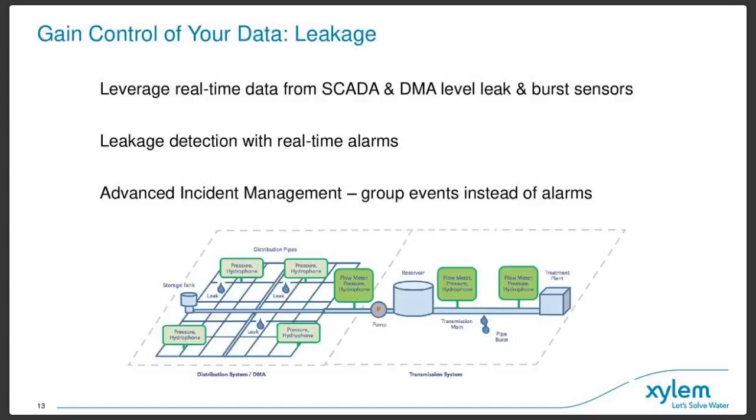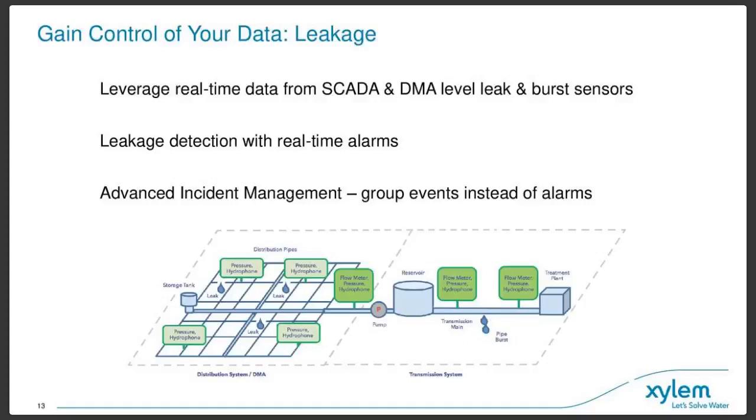And also leveraging other data sources such as smart meters that can be used not just to understand the customer's consumption, but to flag up potential customer side leakage issues.